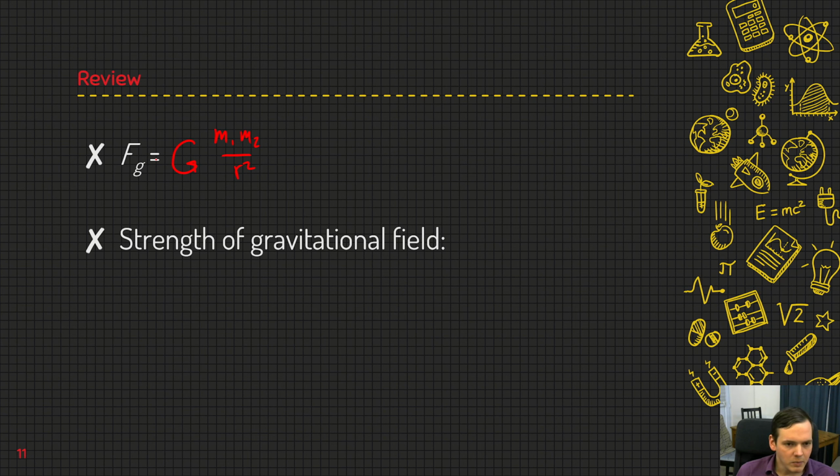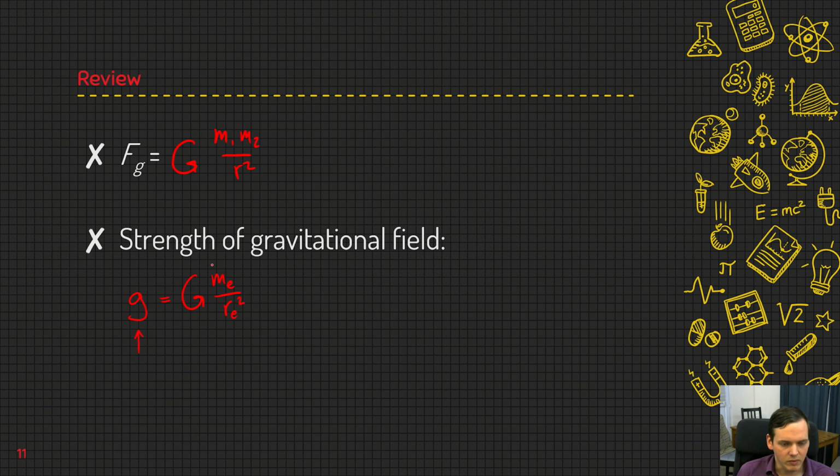One thing that we've talked about before is the strength of the gravitational field, and this is sometimes labeled as lowercase g. It's basically everything in the equation that might be held constant for a given planet.